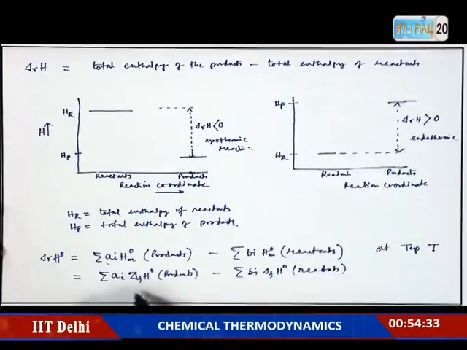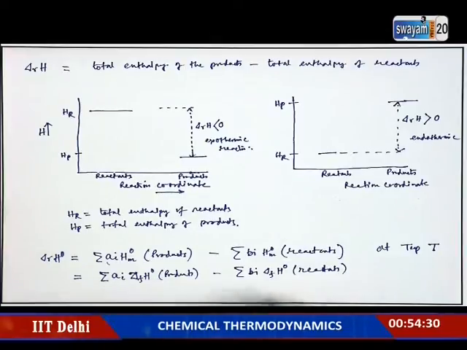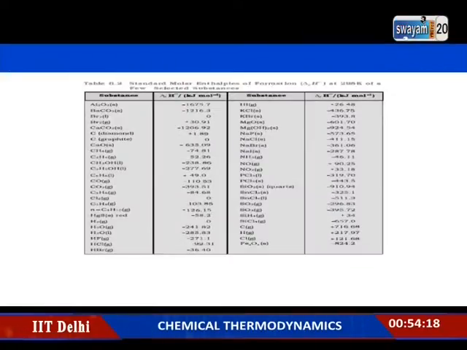These values, the heats of formation for products and reactants, are available in the literature, and some are in your book, as I have taken from the NCERT book. You can see this table. In this case, the standard molar enthalpy of formation at 298 K, or 25 degrees centigrade, is given for several substances.